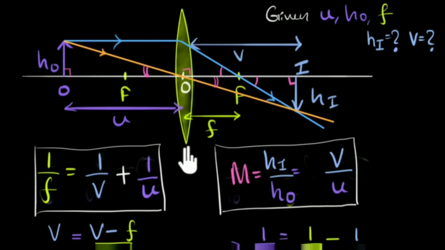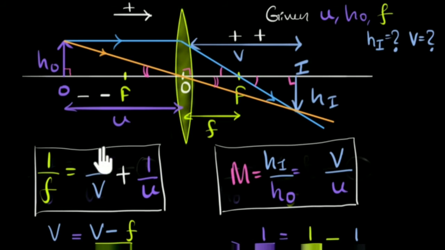We're going to use the same Cartesian sign conventions, and we're going to put signs over here and generalize them. Just like before, when the pole of the mirror was chosen as the origin, now we're going to choose the optic center as the origin, and we choose the incident direction as positive. Over here in this diagram, the right side is the incident direction, so that becomes the positive direction, which means all the positions to the right of the origin are positive and all the positions to the left are negative.